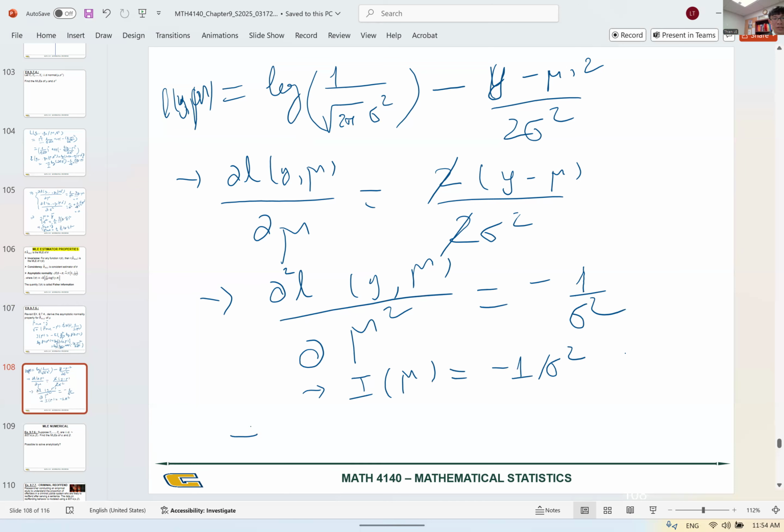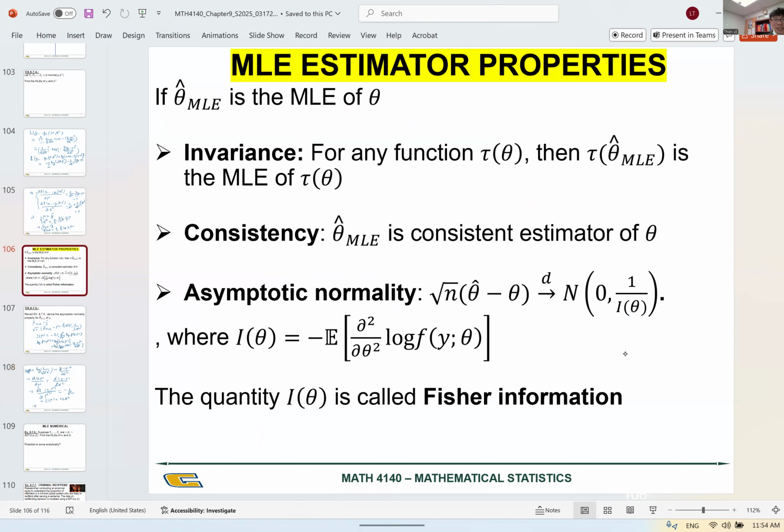So the Fisher information at that time will be just, you plug in now. It's negative, right? The negative of this quantity, and this is a constant already, so it will flip to positive.